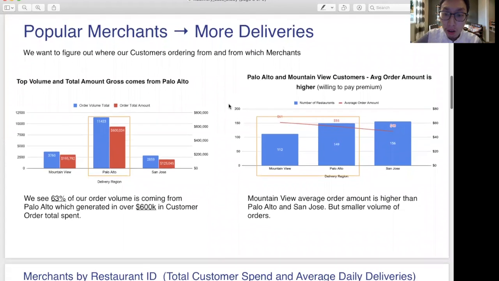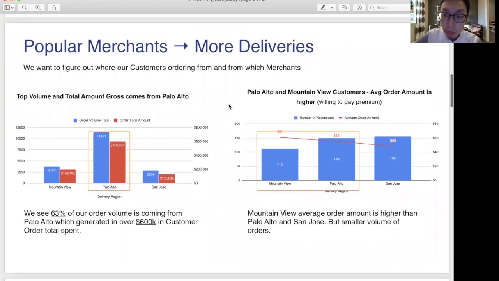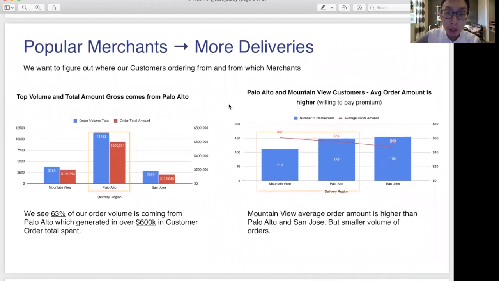So here, I was able to compile a pretty nice visual based on the data set that we had, and we found that the total volume and also the total gross amount come from the Palo Alto region. So we see that 63% of the order volume is coming from the Palo Alto region, which generated over 600K in customer order spend.